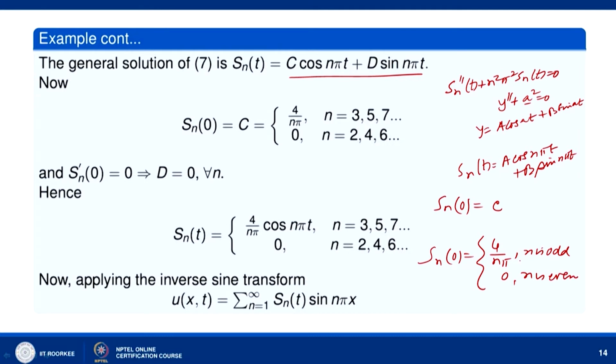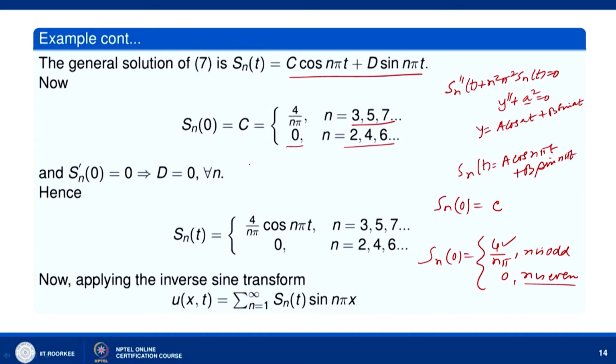The n equal to 1 case we have already considered. So when n takes values 3, 5, 7, Sn(0) is 4 over n pi, and for n even, that is 2, 4, 6, Sn(0) is 0. So this value is known to us, and this gives you the value of c.